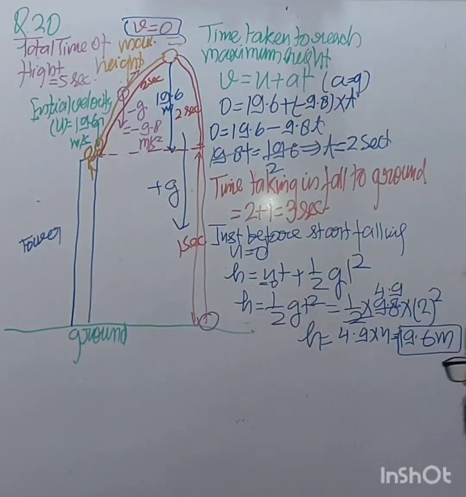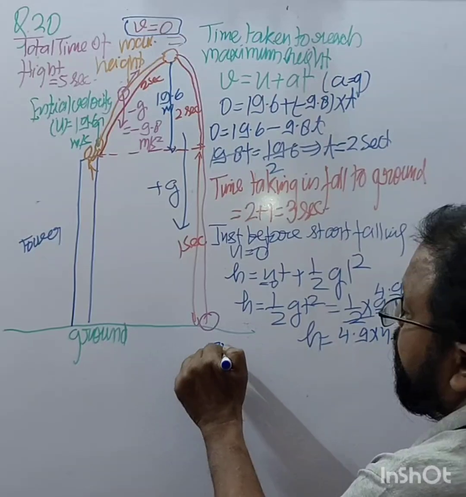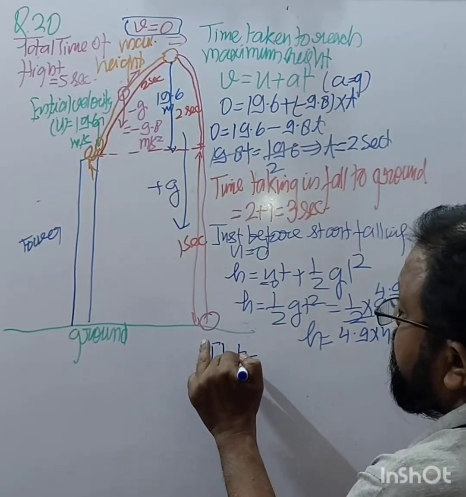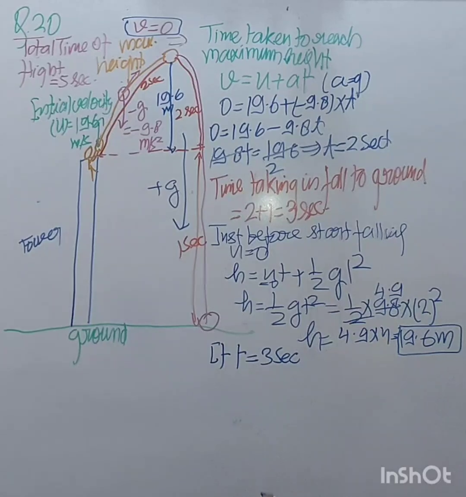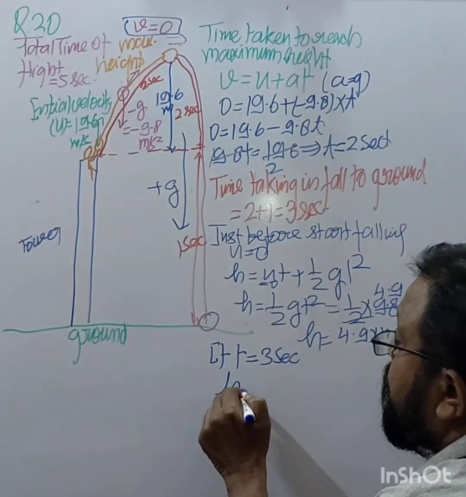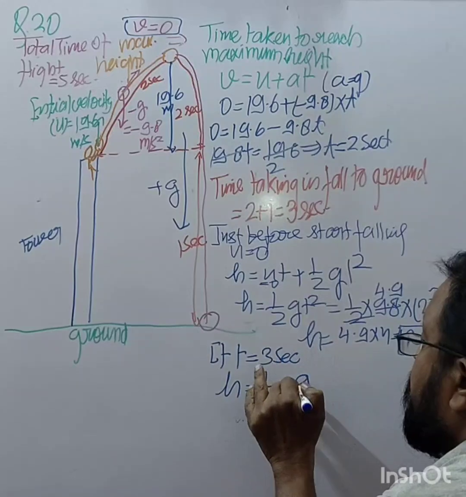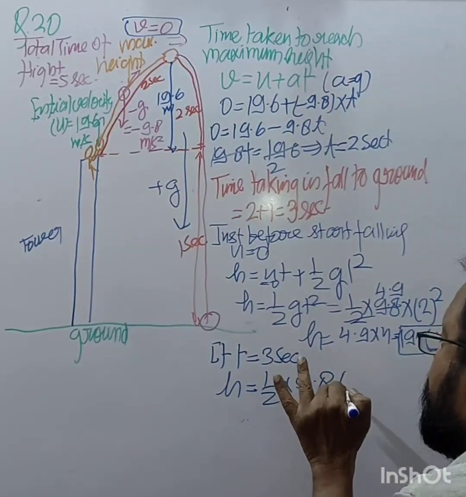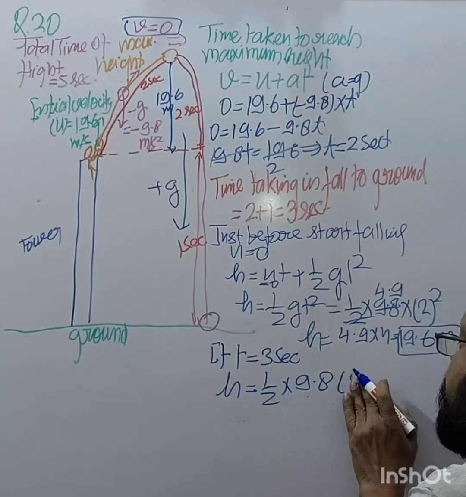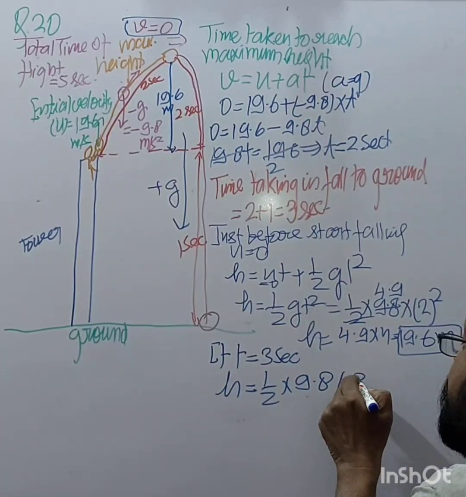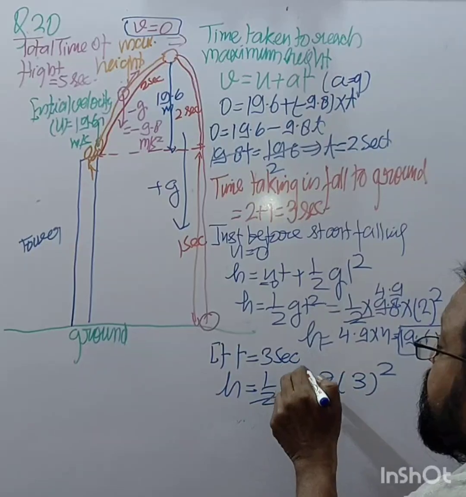And if t is equal to 3 seconds, then h is equal to half into 9.8 into 3 whole square.